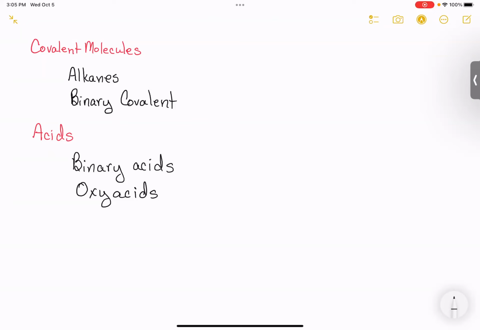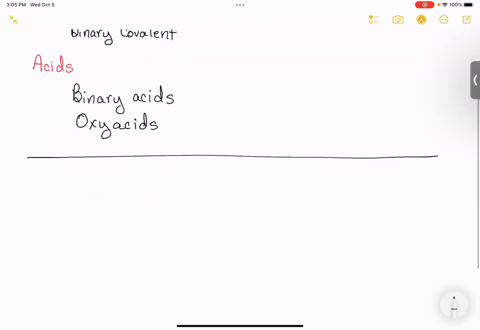So, alkanes. Alkanes are what are referred to as a hydrocarbon. If you break down this name, hydrocarbon, you will see that it contains hydrogen and carbon.